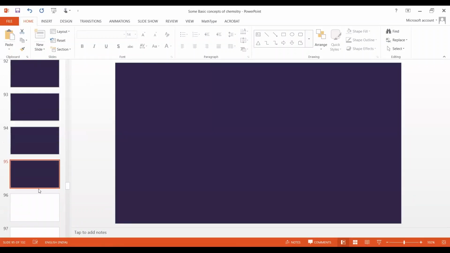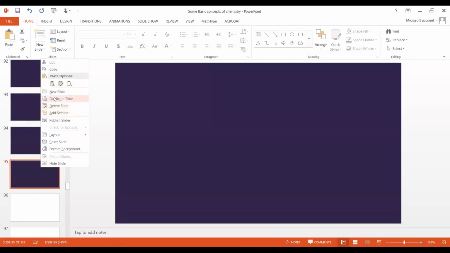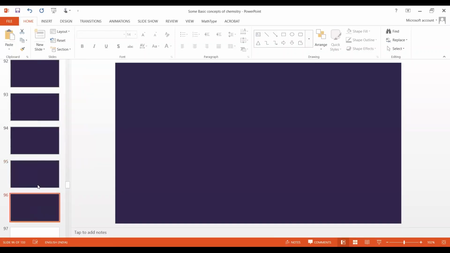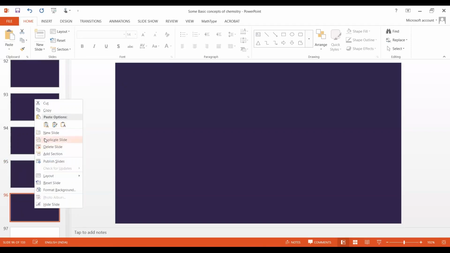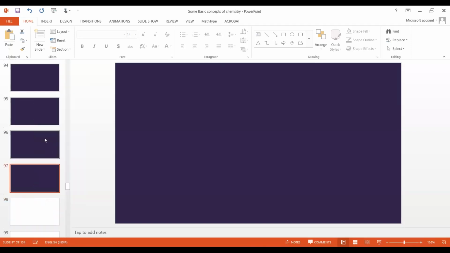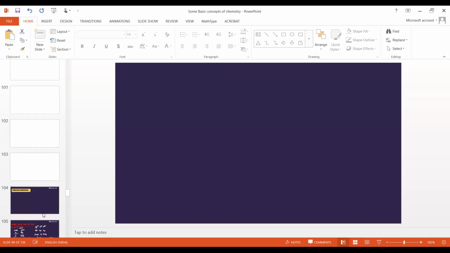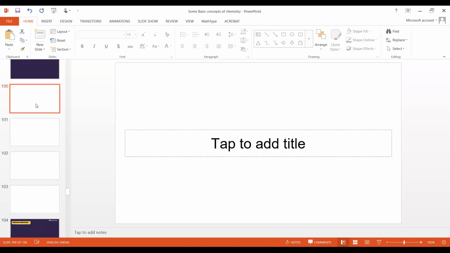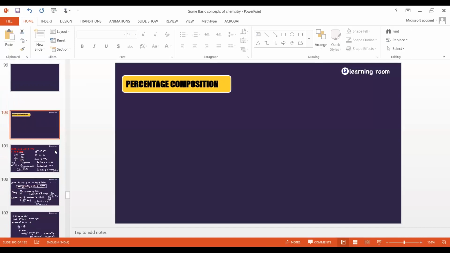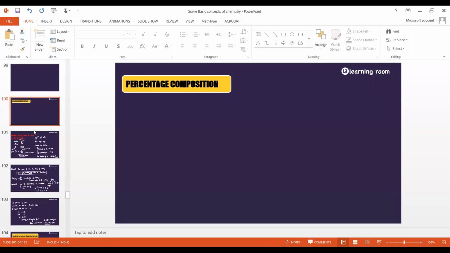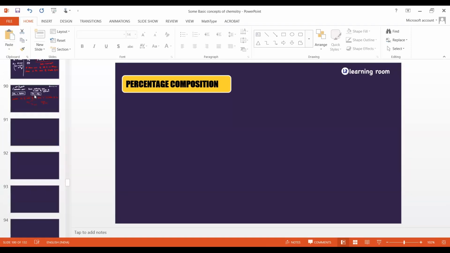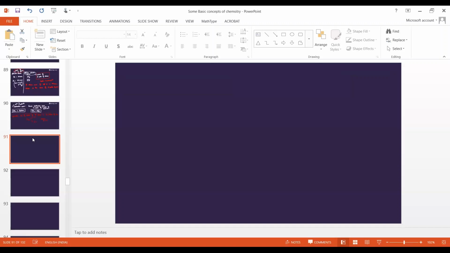Any shortcut to duplicate the slide? Control D. Yes, thank you. I need more slides, that's why.